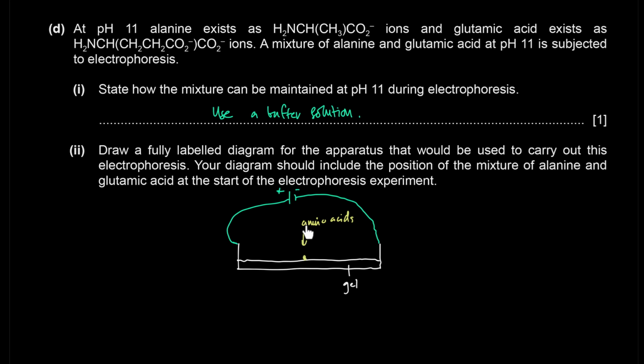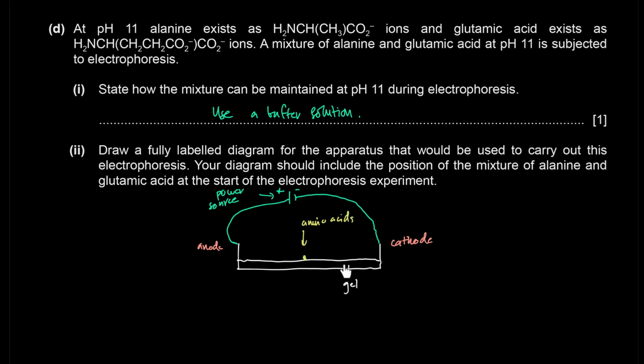Since both of these amino acids are negatively charged, they're going to move towards the anode. So this is the anode, the positive terminal, and then you have the cathode over here, the negative terminal. Let's also label the power source, a DC supply of current.